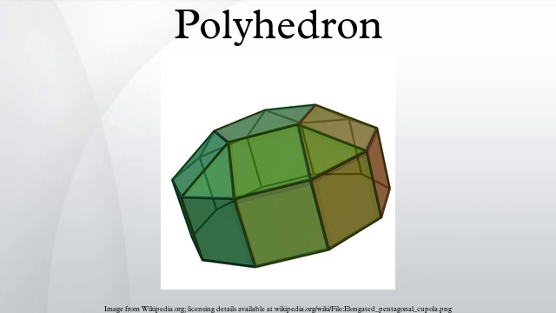Vertex figure. For every vertex one can define a vertex figure, which describes the local structure of the figure around the vertex. If the vertex figure is a regular polygon, then the vertex itself is said to be regular. Euler characteristic. The Euler characteristic χ relates the number of vertices V, edges E, and faces F of a polyhedron.